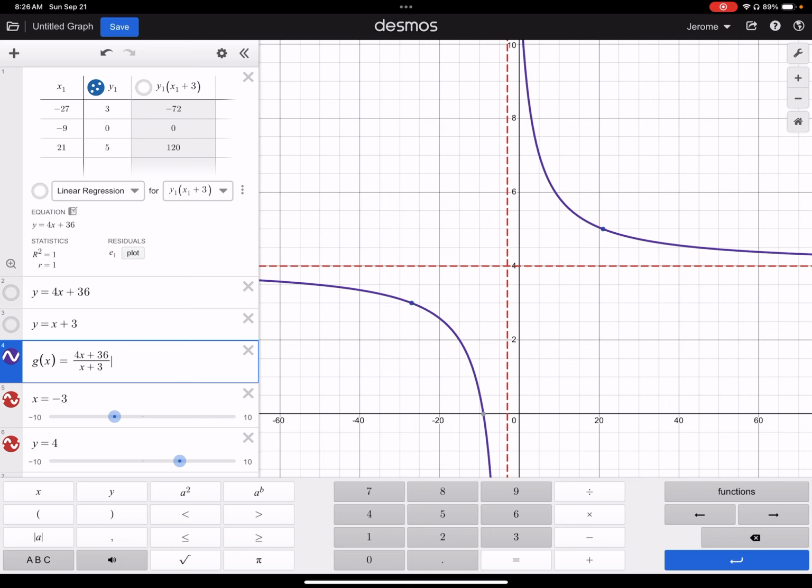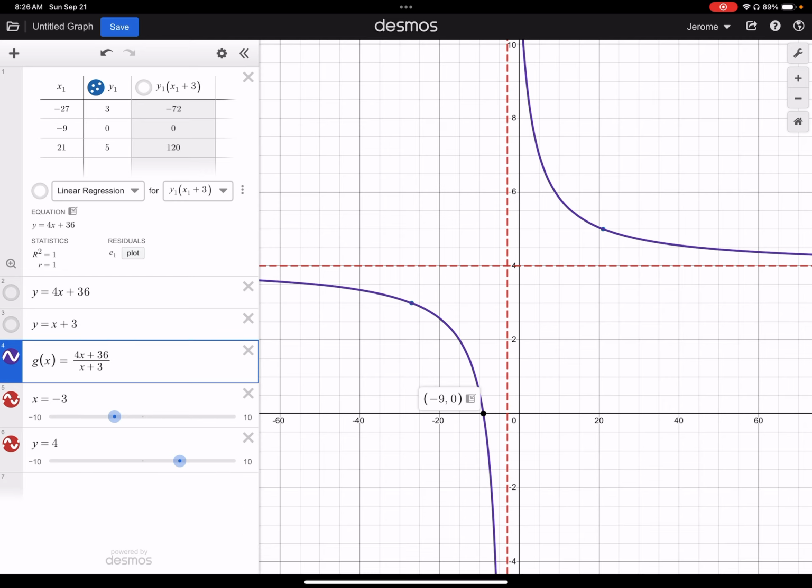Okay, one small extra feature of this is, in fact, this point here. So we already talked about this one, the -3 comma 0, basically coming from where the denominator is equal to 0. Okay, whoops, I don't want to hide this one. How about this x-intercept for the original graph here, what is this thing called?